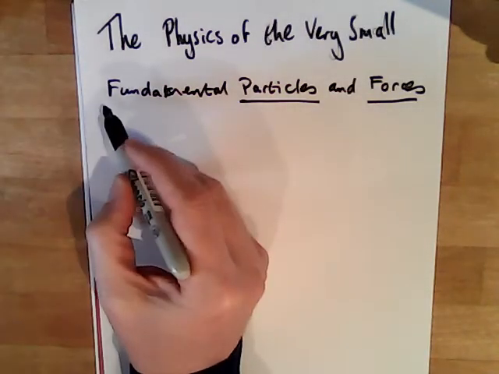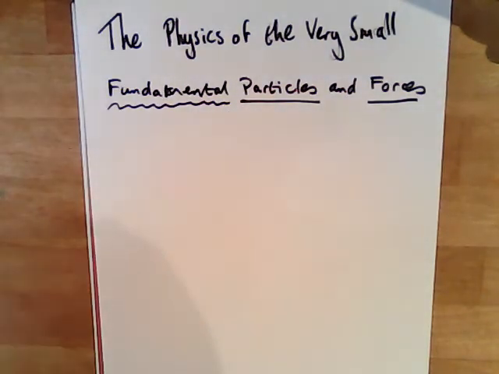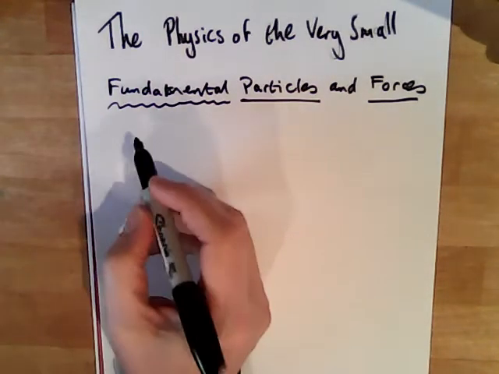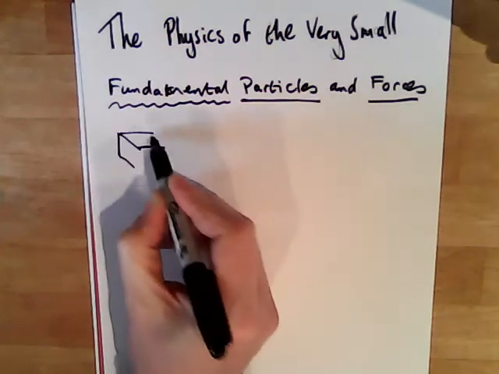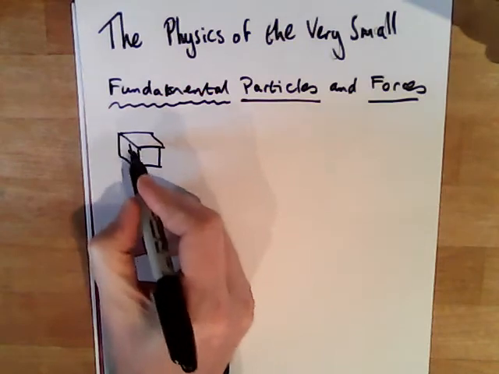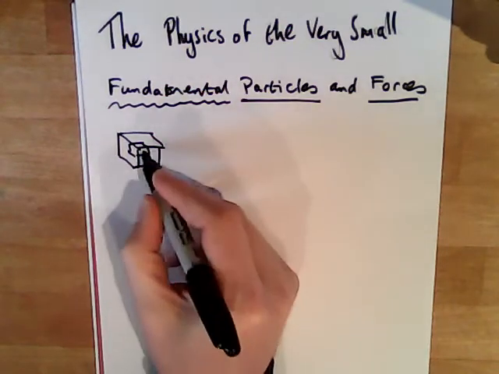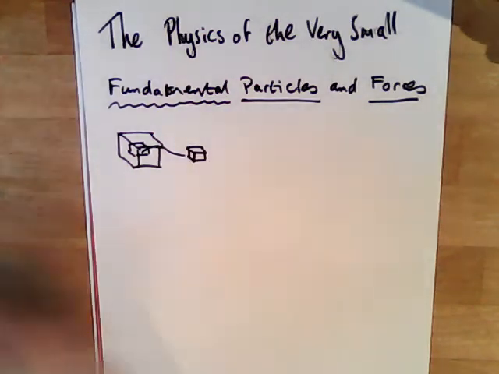But perhaps the focus of this video is this first word, fundamental. Fundamental is what we want to focus on here at A level, because we like to pull things apart. And if I have a box, and if I pull off at one corner, I have a smaller bit of whatever this is.